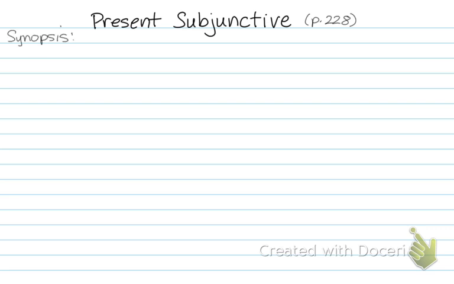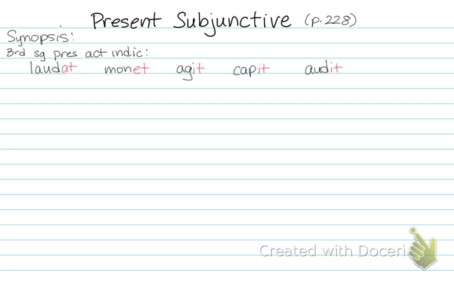Since Wheelock presents you the whole paradigm for this, I'm going to instead give you what's called a synopsis. We're going to look at various forms only in the third singular. So first, the present active indicative, the ones we learned first. Here are your common forms that I hope by now you know and love. You would translate this as an indicative: he, she, or it blanks, as in he, she, or it praises.